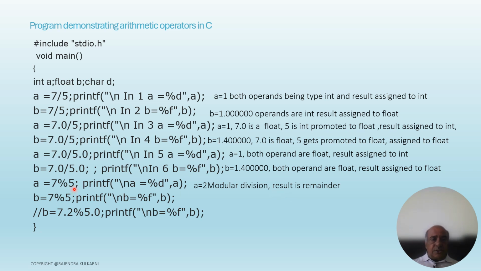So when 7 is divided by 5, 1 will be the quotient, 2 will be the remainder, and that 2 will be assigned to a. And since a is an int, a is equal to 2 will be the output of this expression.